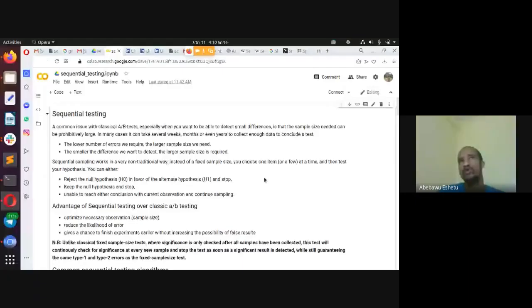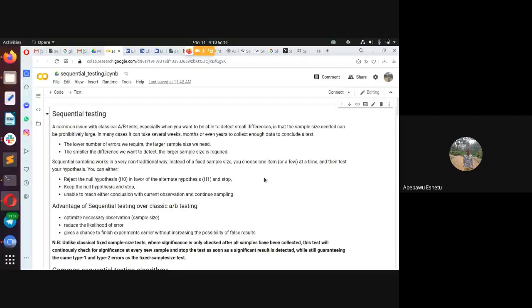In our data scenario, we have the exposed group and the control group. The control group is our base data, and the exposed group is the one where we are expecting the change.